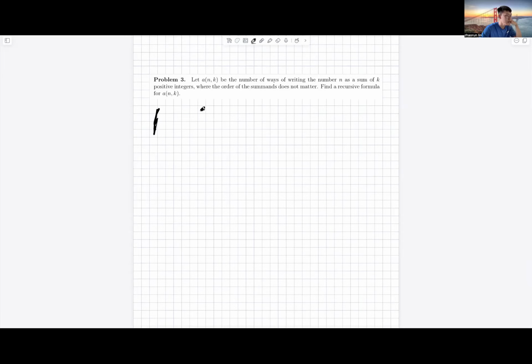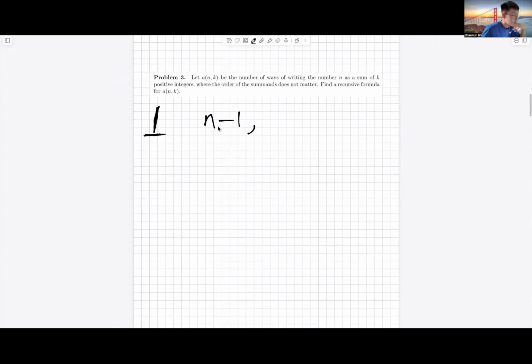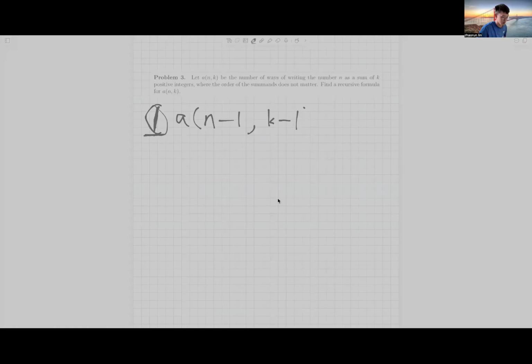If we take this 1, then our sum becomes n minus 1, right? We have k minus 1 summands left, since originally we use k positive integers and now we have used one of them. And this is the recursive formula for this scenario.